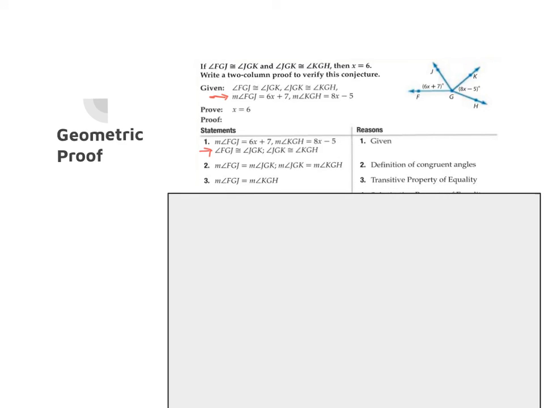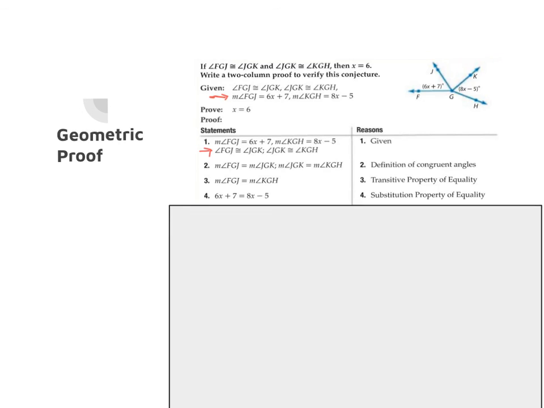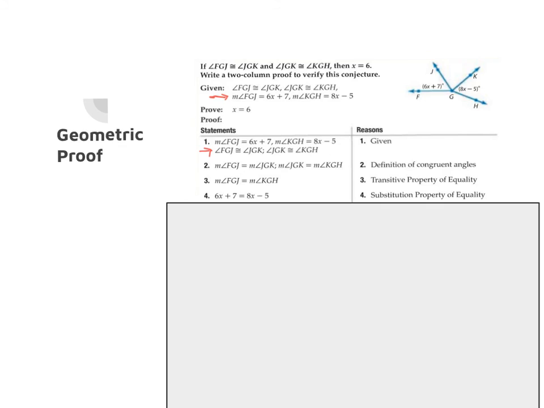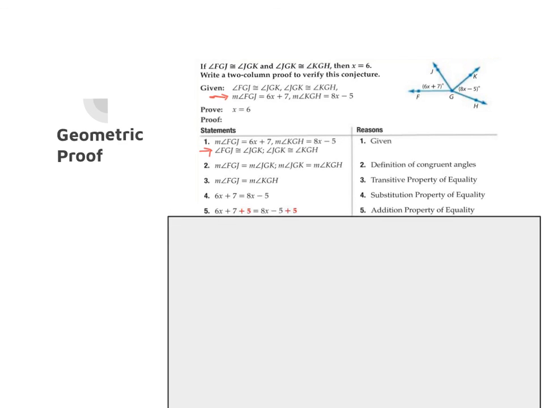So we know that FGJ equals KGH. Then we do our substitution property. So we know that this equals FGJ and this equals KGH. So we substitute those in, and then we go back to more of an algebraic proof.